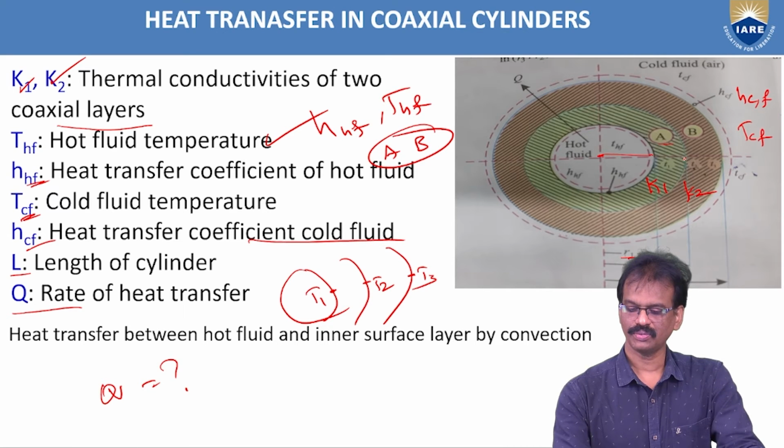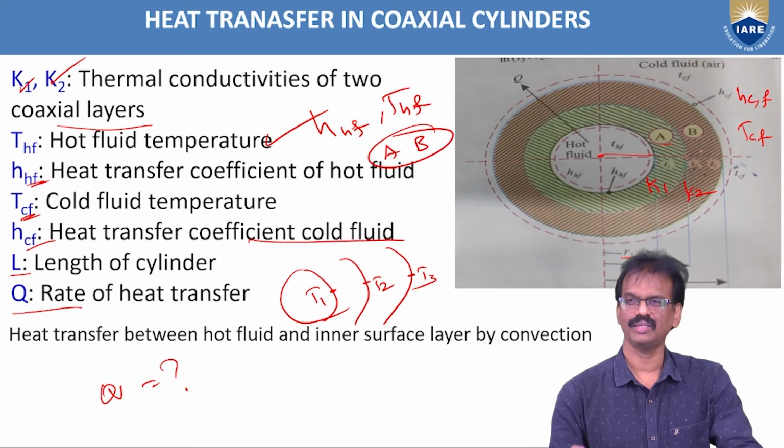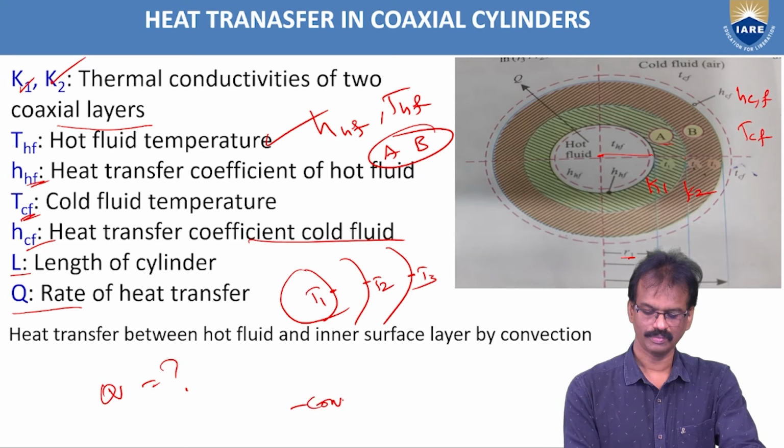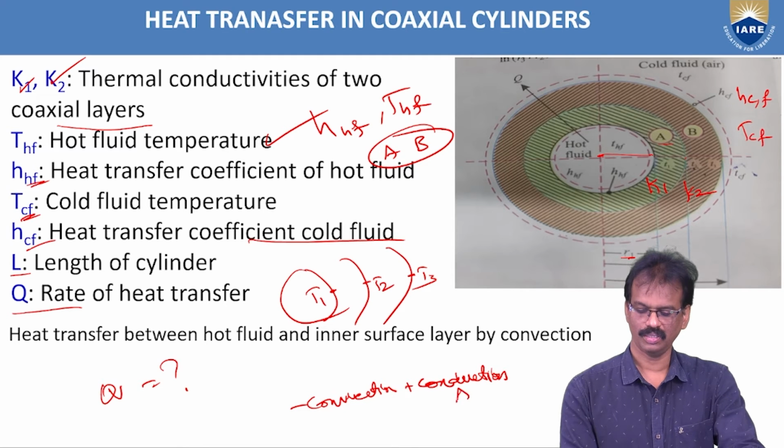Next, from the inner surface of the second layer to its outer surface, solid to solid heat conduction. Next, from the outer surface of the second layer, layer B, to the ambient temperature, again fluid, that is convection. So convection, then conduction in layer A, plus conduction in layer B, plus convection.